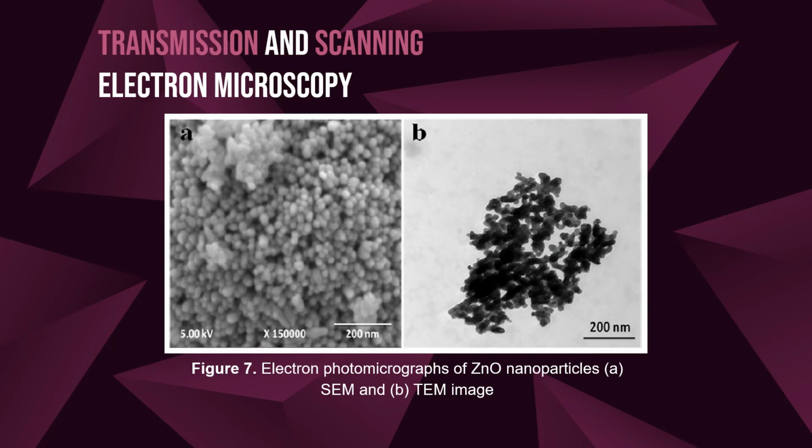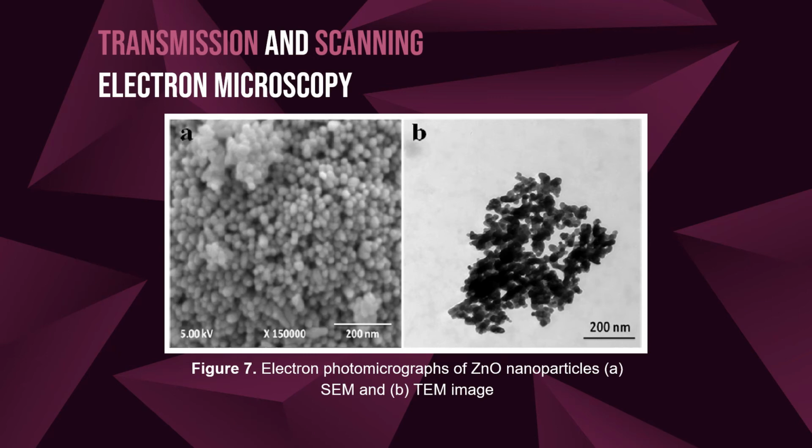Figure 7 shows electron micrographs of ZnO nanoparticles formed by direct precipitation of 0.5 molar zinc nitrate and 1 molar urea at 500 degrees Celsius for 3 hours. Figure 7a shows that the particles were well defined, small, and spherical with some agglomeration, while Figure 7b shows a higher magnification image.